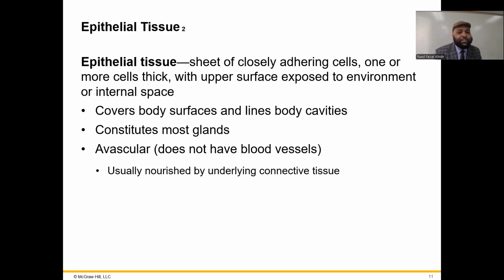So the epithelial tissue is a sheet of closely adhering cells, one or more cells thick, with the upper surface exposed to the environment or the internal space. It covers the body surfaces and lines the body cavities. These are the epithelial tissues, and they constitute most glands.